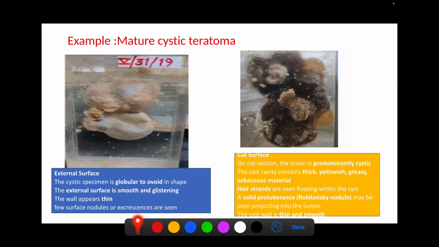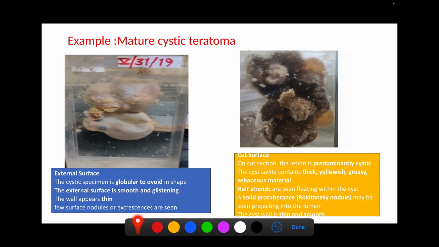Now here we can see an example where the jar contains a specimen of mature cystic teratoma. How will you describe the external surface as well as the cut surface? In this specimen, you can see this is a cystic structure already cut open.